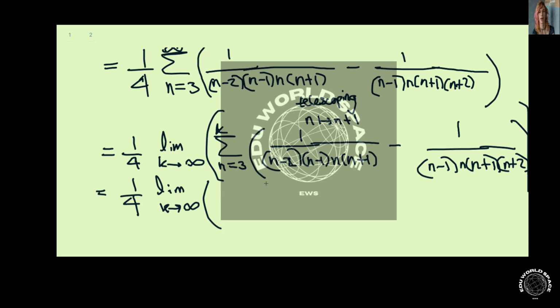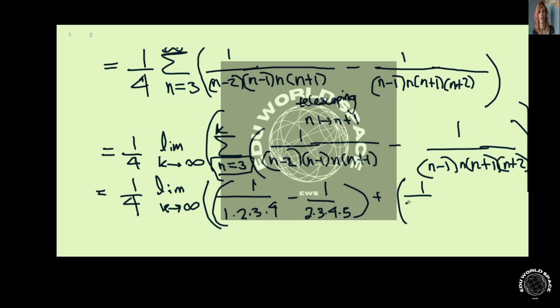So let's go ahead and evaluate that sum. So plug in n equals 3, your starting point, and try to be as careful as you can here. So we'll have 1 times 2 times 3 times 4 minus 1 over 2 times 3 times 4 times 5. That's the first term. Then you increase n by 1, so now you plug in 4. And you can see already we'll have some cancellation.